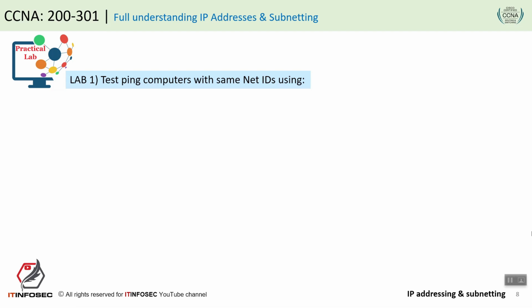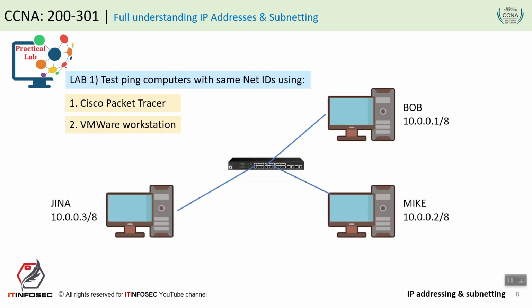Well, now let's go to the laboratory to check the connection between the systems. I will use the Cisco Packet Tracer software for testing so that you can get to know this software a little. Then we will examine networking between computers in VMware Workstation.